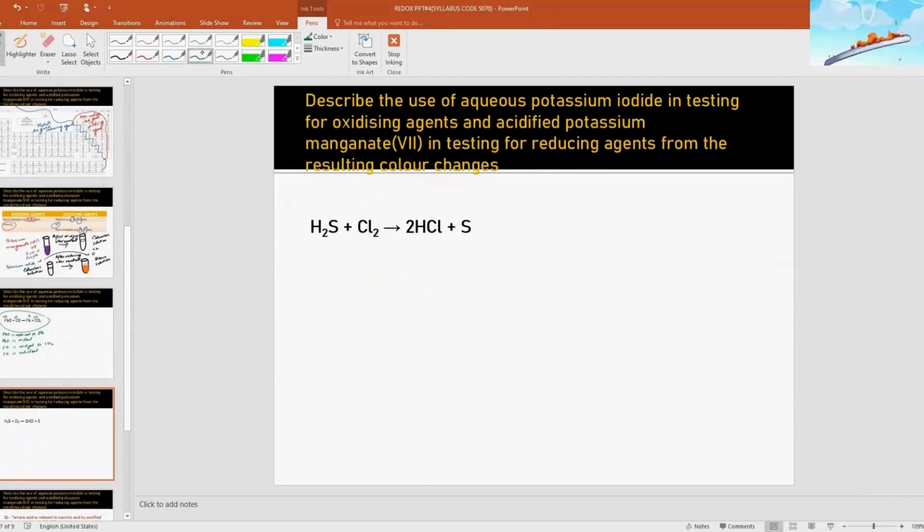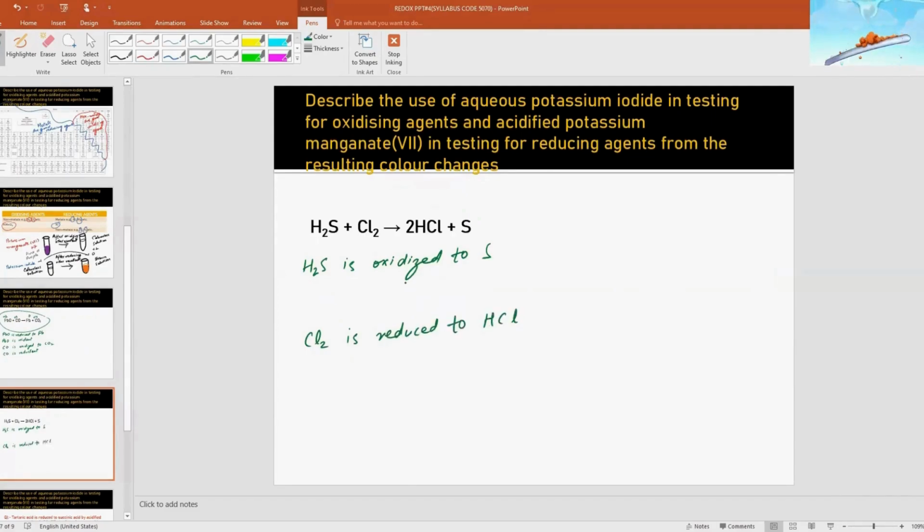In this reaction, H2S is losing hydrogen to give S, which means it is oxidized. Cl2 is reduced to HCl.